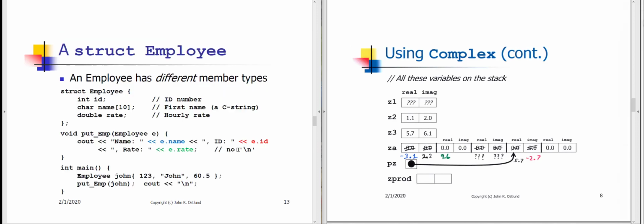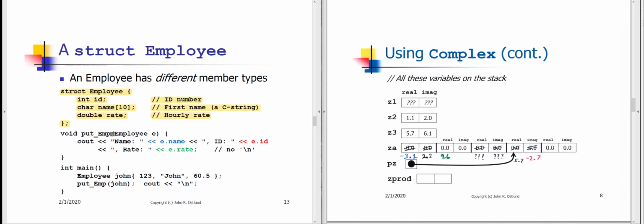Let's look next at a structure where the components are not all the same. This is our employee structure in which each employee object has an ID, which is an integer. Each employee has a name, which is an array of 10 chars, and each employee has an hourly rate, which is a double.